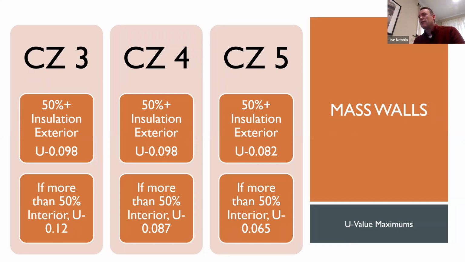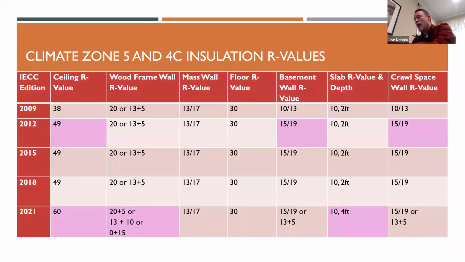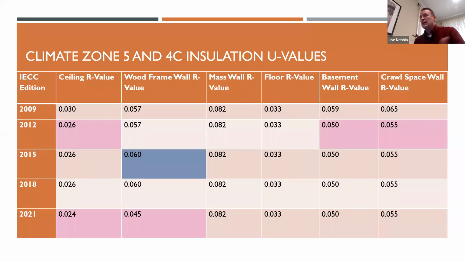And I think the ICF wall has a lot of potential for giving you flexibility in your code compliance, because the U factor you'll get, even in the colder climates, is going to be way better than they're giving you credit for with this 13-17. In fact, a lot of ICFs I've seen are like a 20-22 R value that's continuous. So your U value is going to perform really well compared to the code tables, and you'll have some added flexibility in what you want to do in your other envelope components.